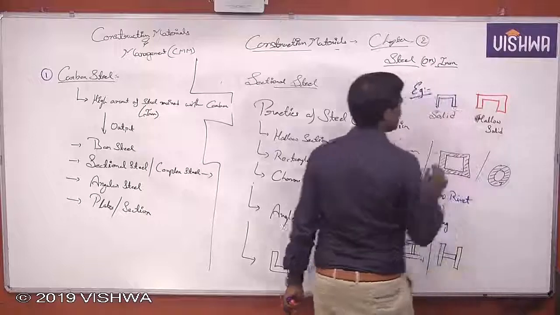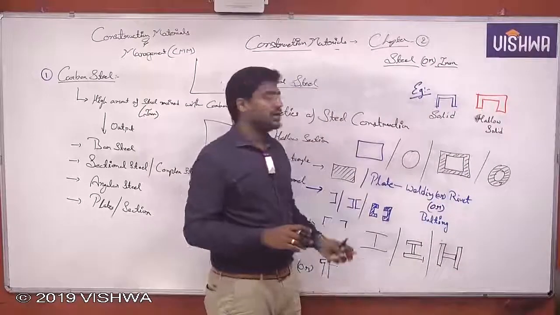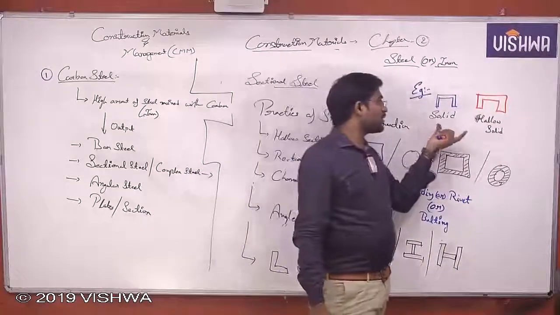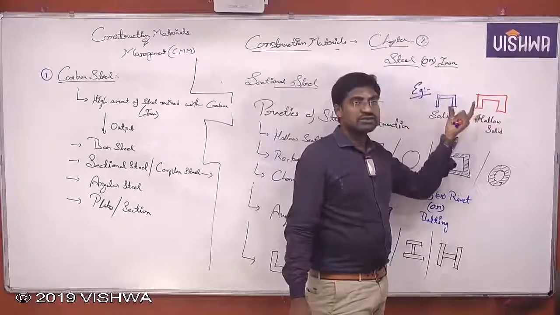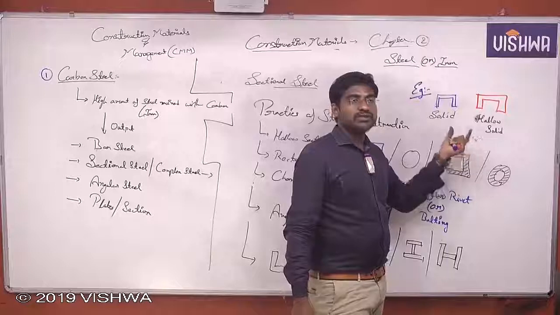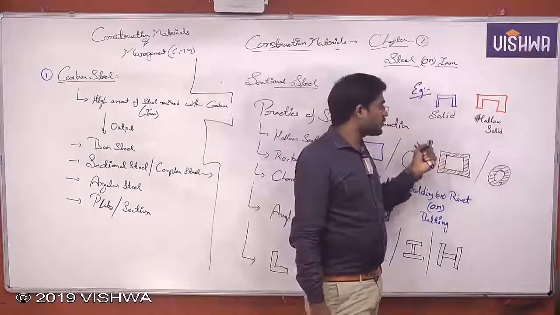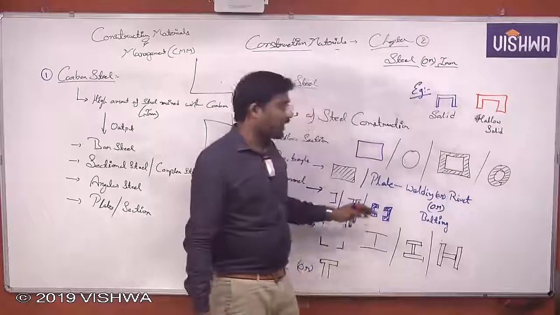Depending upon the provisions, if it is completely solid, it can bear up to a certain load. It is also replicated in the same load with certain upliftments. Either we can use a solid with respect to angular sections.